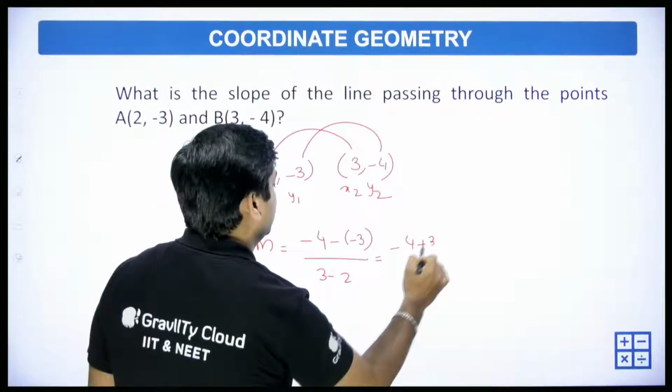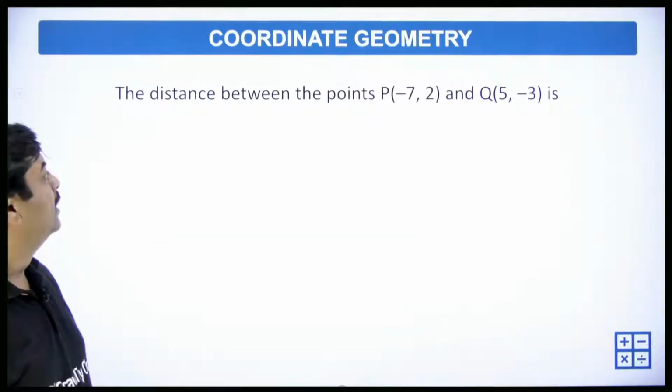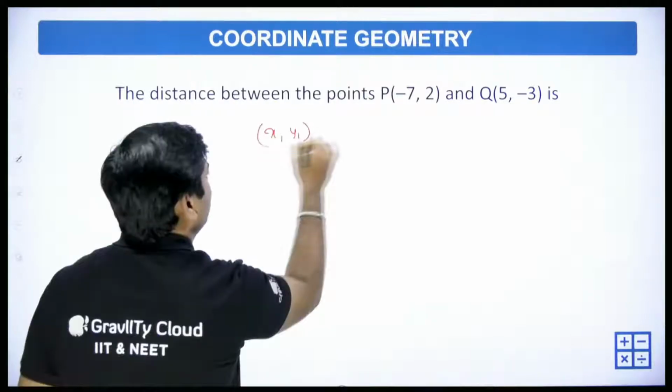Moving ahead, the distance between the points (-7, 2) and (5, -3). What is the formula to find the distance between two points x1, y1 and x2, y2? Not slope, we are trying to find the distance between two points.